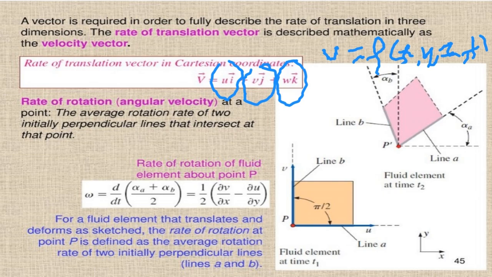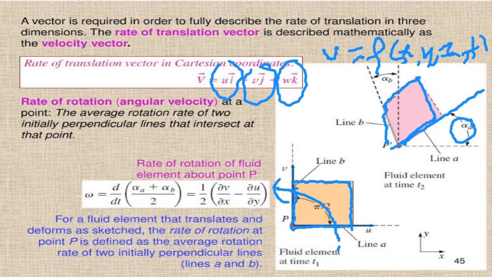We assume that this fluid particle was a rectangle like this in the beginning, but it has rotated counterclockwise and has taken this shape. The bottom part has rotated by alpha A, and the left part has rotated by alpha B. So the average rotation is alpha A plus alpha B divided by 2.